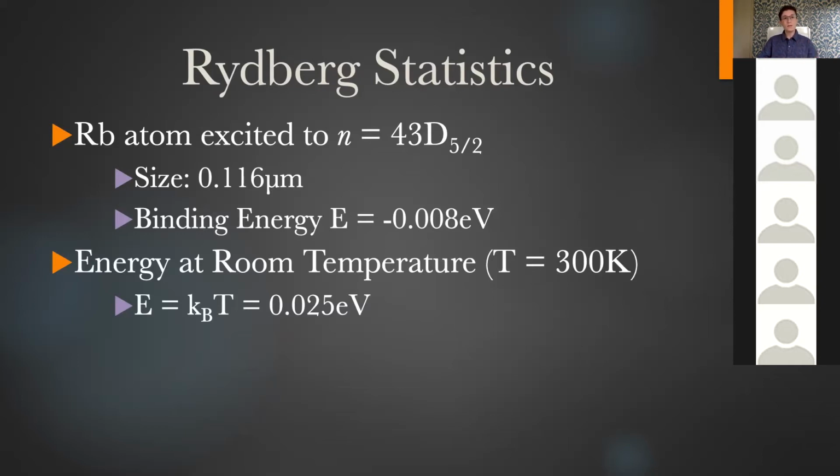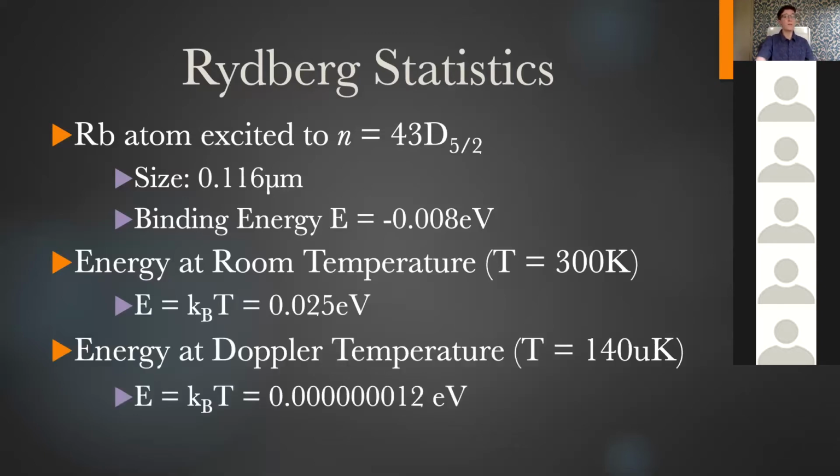So if we try to create this atom at room temperature, then all of the background gas and vapor around us are moving with some amount of kinetic energy, and that kinetic energy is 0.025 eV, which is greater than our binding energy. This means that the minute we try and create our atoms, they're too frail to survive at room temperature, so they get destroyed.